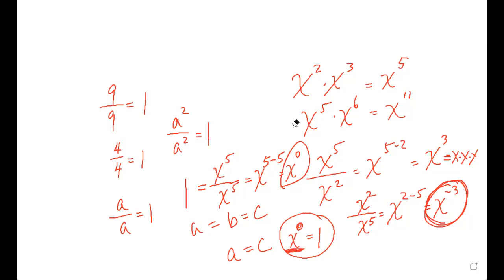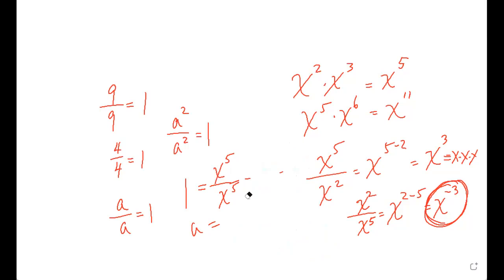So let's look over here on the left and expand this a little bit. As you can see, x squared is x times x. X to the fifth power is x times x times x times x times x. And 2 of these x's cancel with these 2.